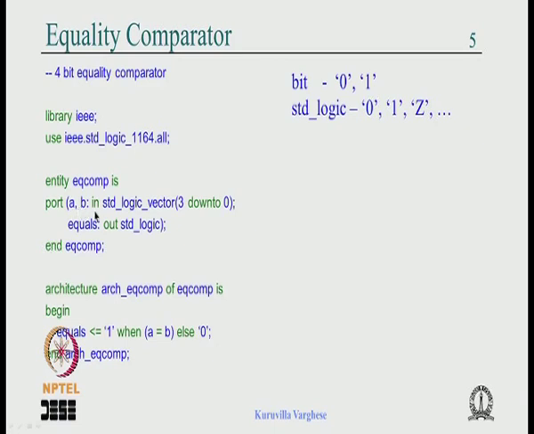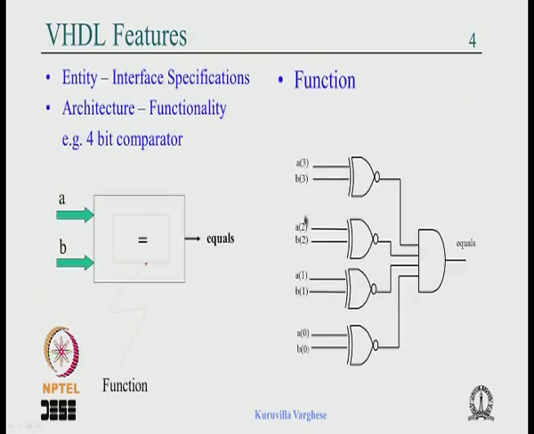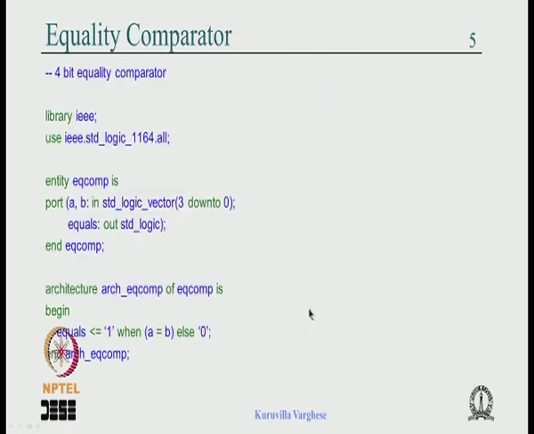Now we say the direction of the port, it is in, meaning it is an input, and standard_logic_vector 3 down to 0, that means A is a 4-bit vector: A of 3, A of 2, A of 1, A of 0. Similarly B of 3, B of 2, B of 1, B of 0. The moment you say standard logic vector 3 down to 0, it means A of 3, A of 2, A of 1, A of 0.